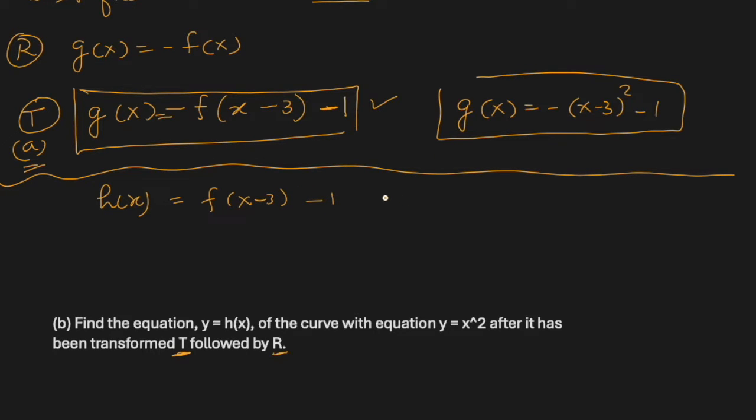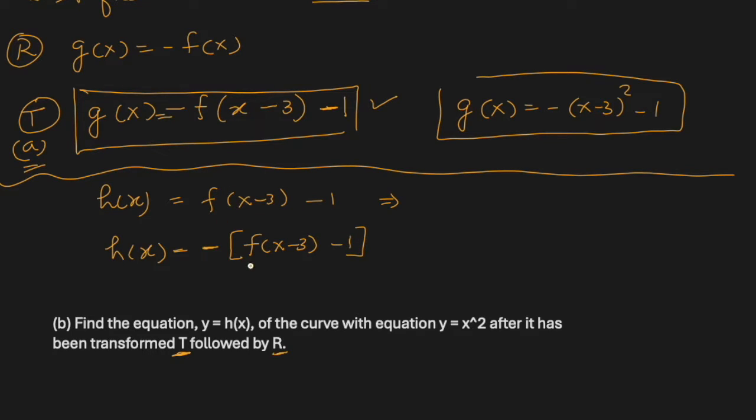If I want to write it this way, it is not h(x), so I will not write it yet. And the second stage is that this whole function we got will be reflected. So minus ((x - 3) squared minus 1).